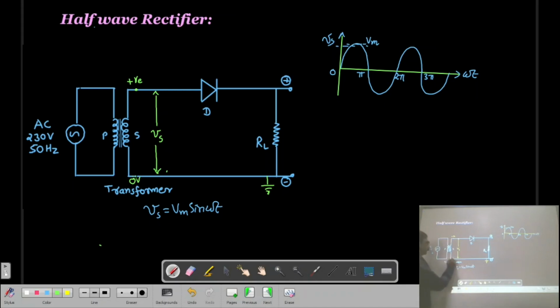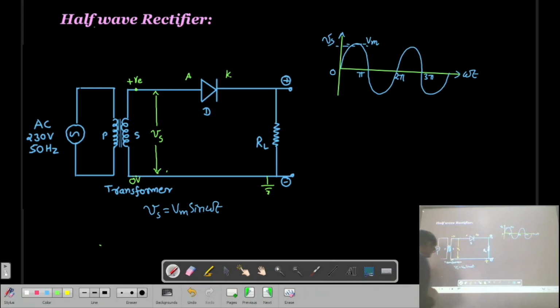So with respect to this, we have this positive voltage. Now, already you know that whenever a positive voltage is given to the anode of the diode, this is the anode of the diode and this one is the cathode, then the diode will be in forward bias.